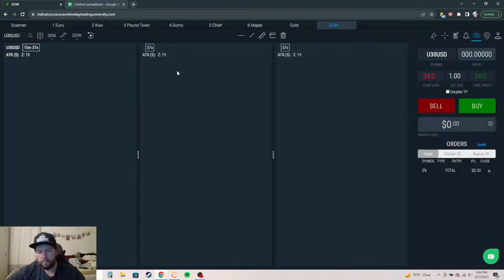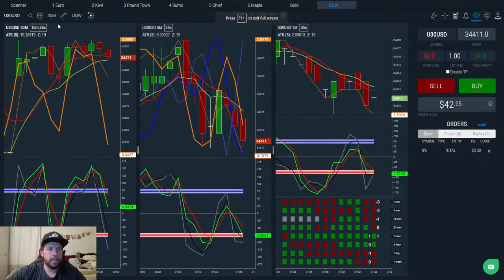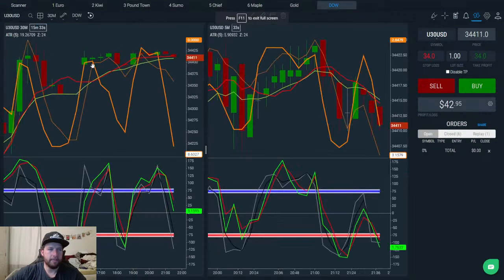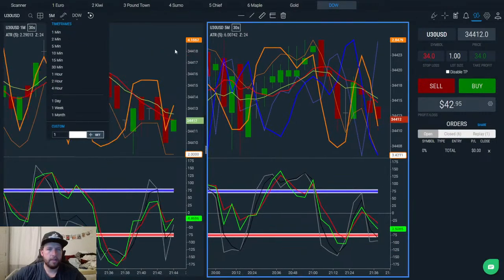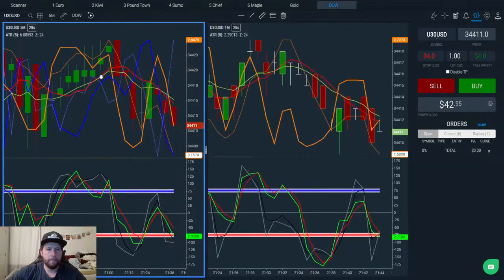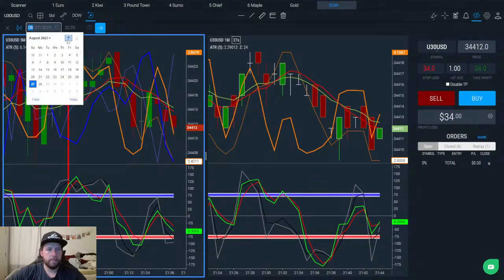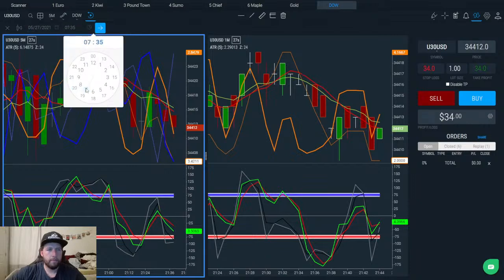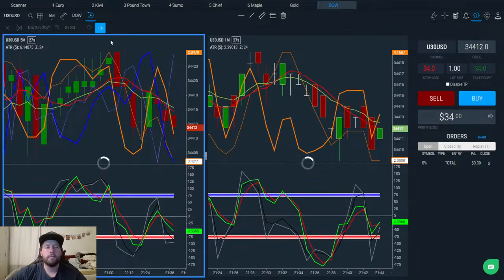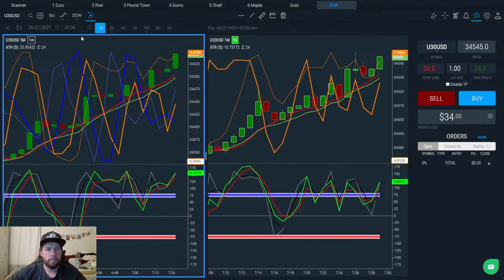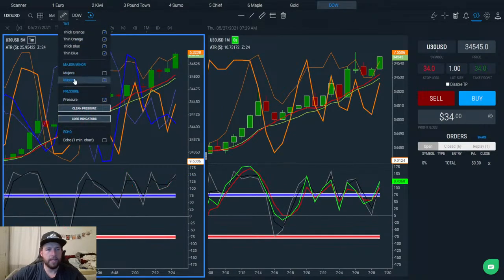I'll have to set up my chart again. That's all right. It only takes a minute. Clear up some of these indicators we don't need.